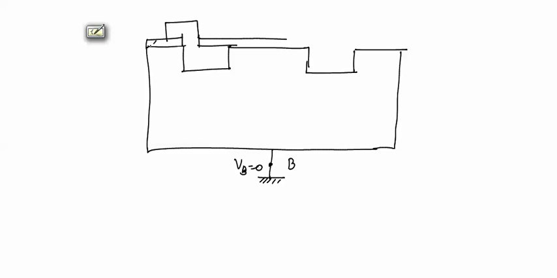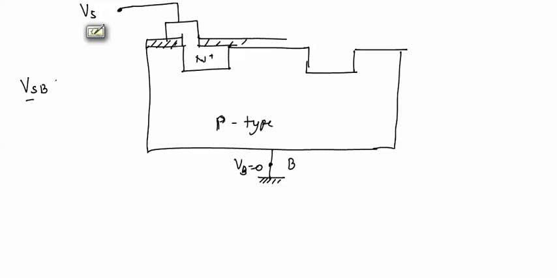This is source terminal, and at this source terminal, we have applied a voltage Vs. During operation, if we have VSB, source to body voltage, source is n type material and this is p type substrate.